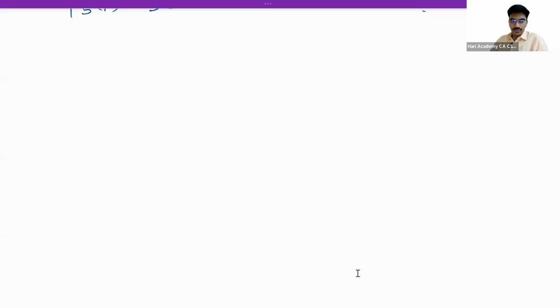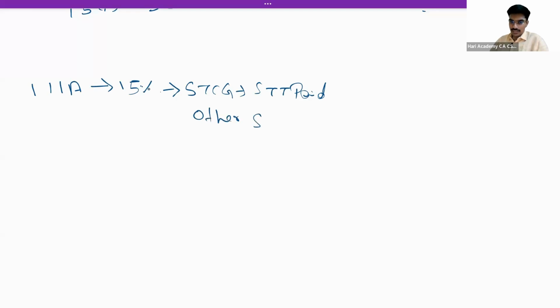If you see now, there are three rates. In 111A, this is for short-term capital gains on which STT is paid. For other short-term capital gains, it is going to be at slab rates.